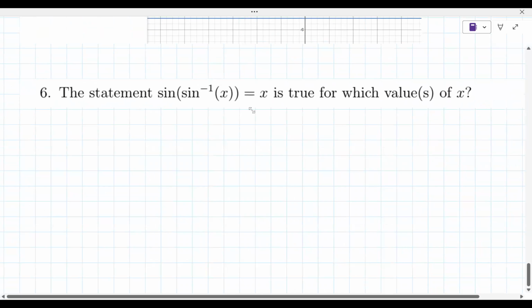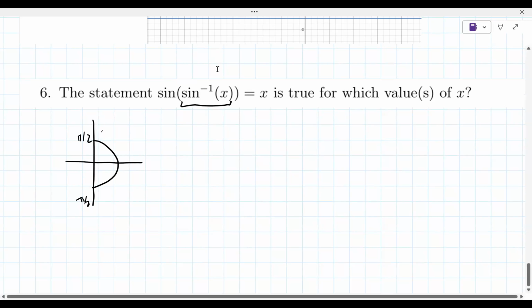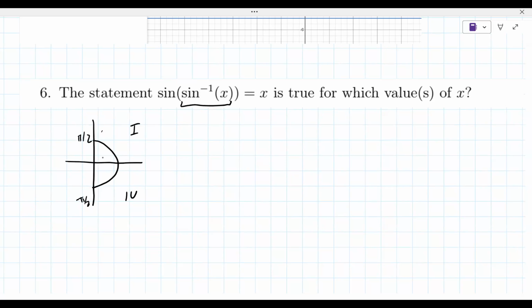Yeah, so the mistake as a student is you think, oh, it just undoes it. It kind of does, but not always. And it goes back to this whole question of where arc sine is defined, which is from minus pi over 2 to pi over 2. That's the inside one. So where does it actually equal itself? You could notice pretty quickly we're first quadrant, fourth quadrant, but it's really counterclockwise.